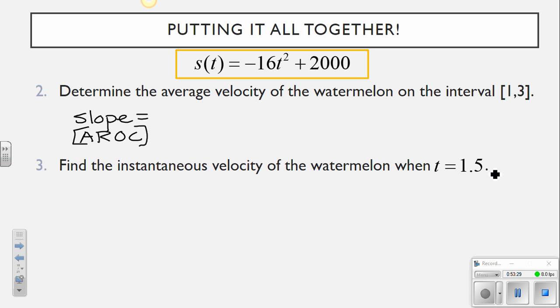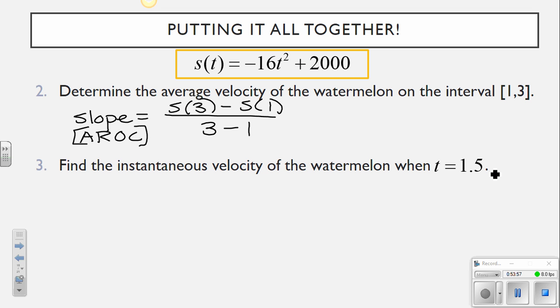So which function am I using? Position, velocity, or acceleration to find average velocity? Position. This should be s of 3 minus s of 1 all over 3 minus 1. So if you're trying to find average velocity, you take the position and divide it by time.